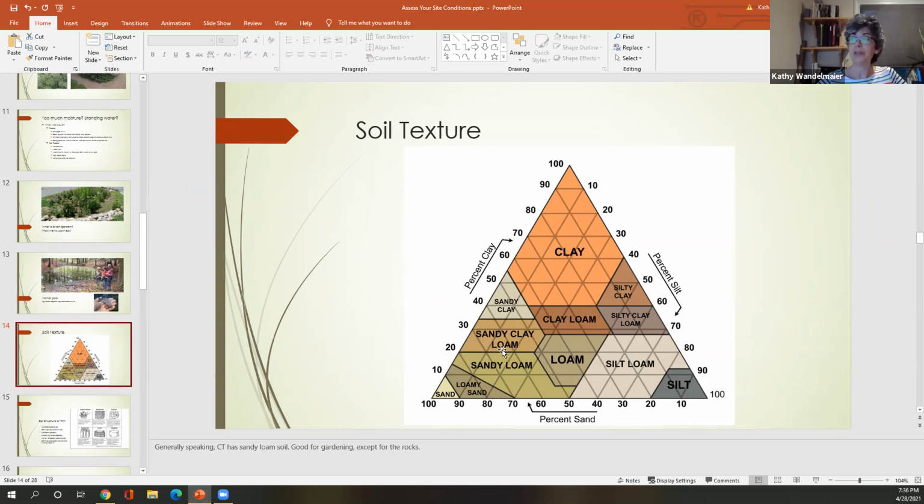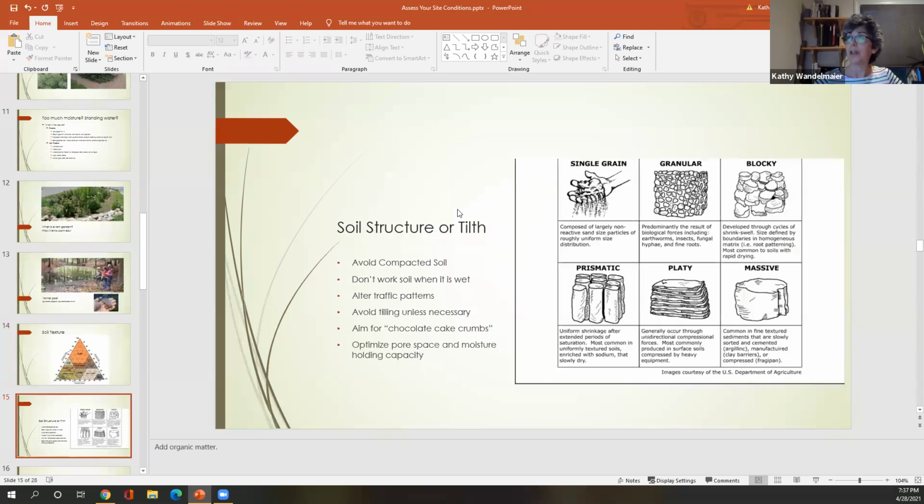So if your soil isn't obviously clay or obviously sand, or on the banks of a stream or a river or something, you most likely have some kind of sandy loam, which is really nice for growing things in because it drains, but yet it has that nice loam, which is the balanced combination of all 3 of these things, which makes for a nice growing environment. So that is soil texture. Soil texture is your 3 different components and what percentage they are in the soil.